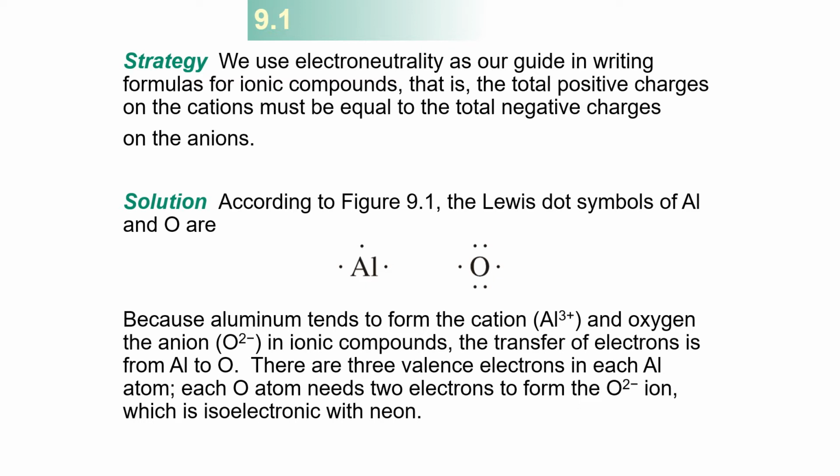Okay, so we have the Lewis symbols for aluminum and oxygen. Aluminum will lose 3 electrons, and oxygen wants 2 more electrons. So we have to have a ratio in which aluminum can give up all of its electrons and they are picked up by oxygen atoms to form those anions.